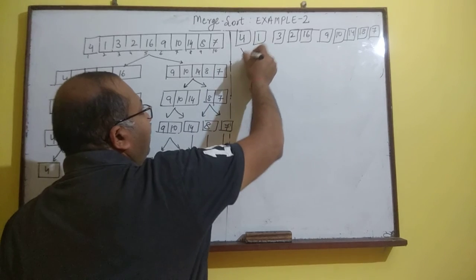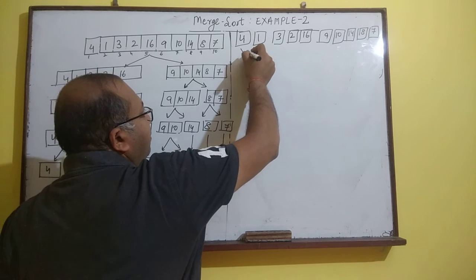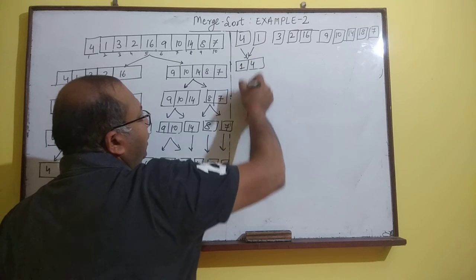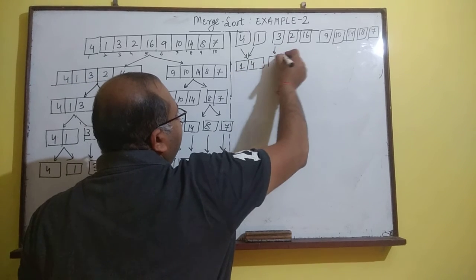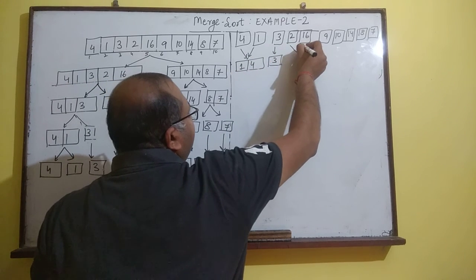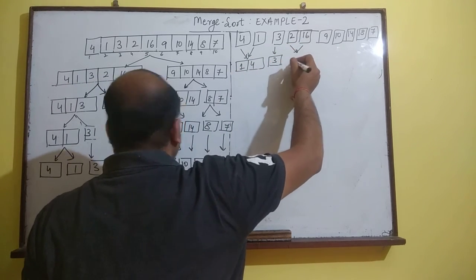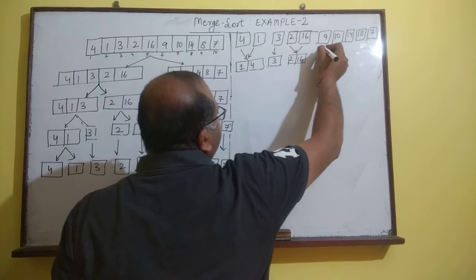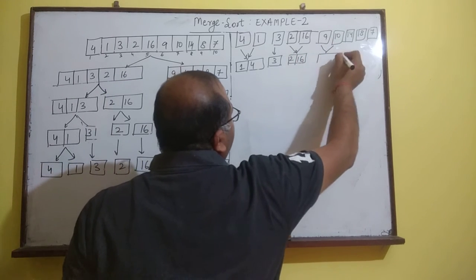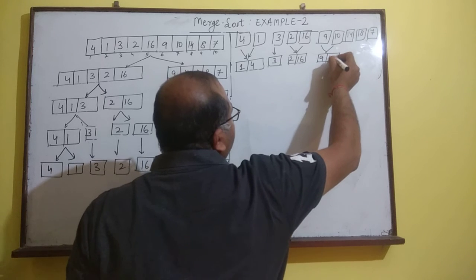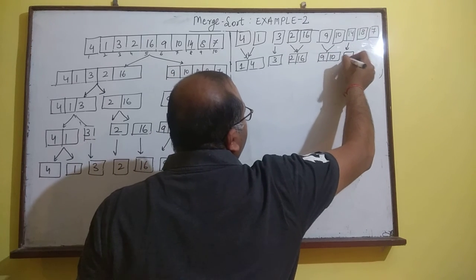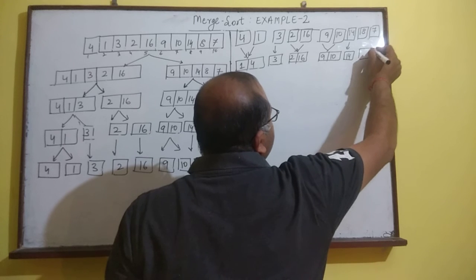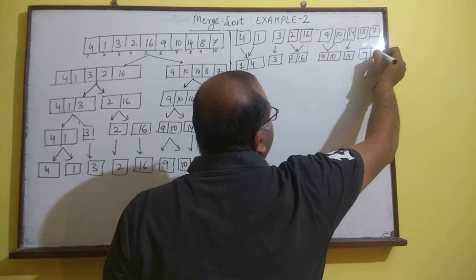It means 4 and 1 will combine first, with the output 1 and 4. 3 will remain unchanged. 2 and 16 will combine. 9 and 10 will combine. 14 will remain the same, and then this array will combine.